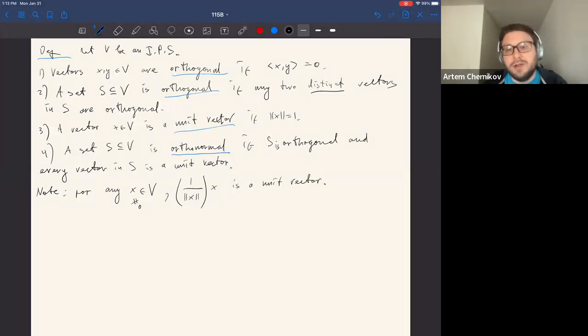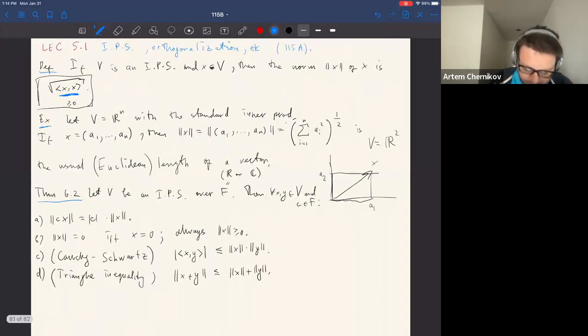Right? So we just scale down by the norm. So the norm is going to be 1 by the basic property, because remember, multiplying by a scalar corresponds to multiplying the norm by the absolute value of the same scalar.